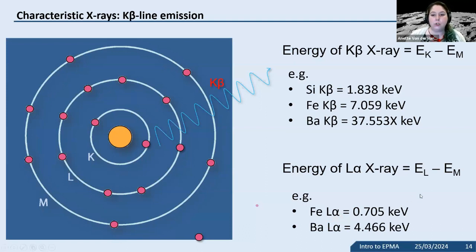Which X-rays in particular we can generate depends on how many shells we have present in an atom. But usually we also generate all these X-rays at the same time. So usually we have multiples. We have a K alpha and a K beta. And if we have more shells, we might have an L alpha, L beta, and so on.